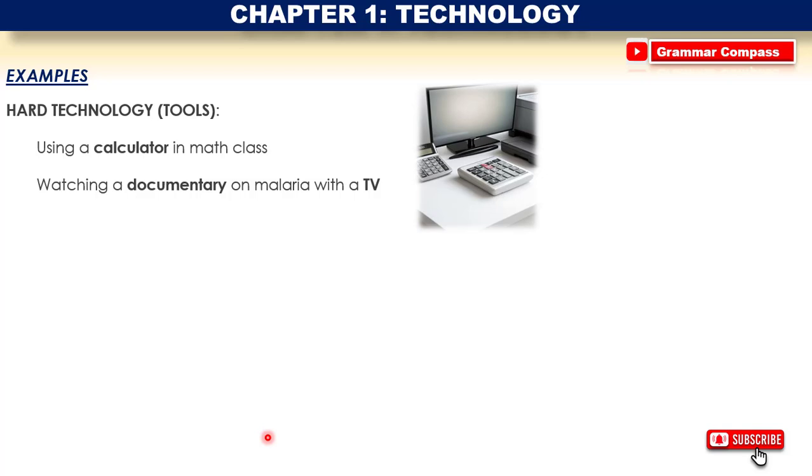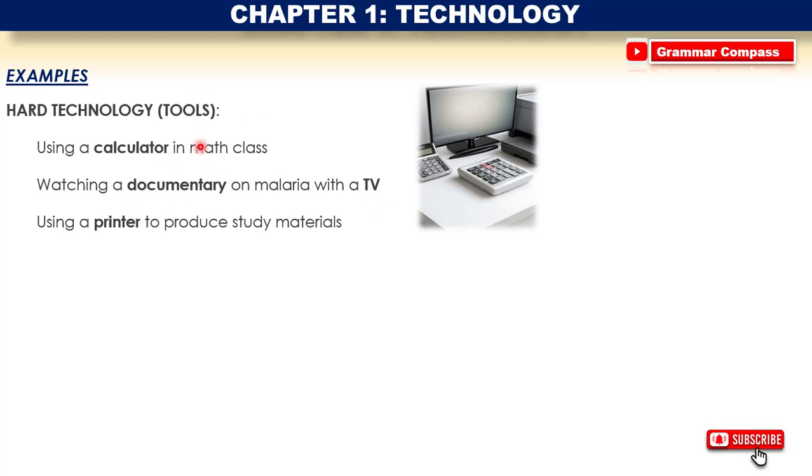Also, if you watch a documentary on malaria with a television, you are also making use of hard technology. So we would say that a calculator and a TV would be examples of hard technology. In the same way, if you use a printer to produce study materials, then you are also making use of hard technology. These things are tangible and can be perceived.